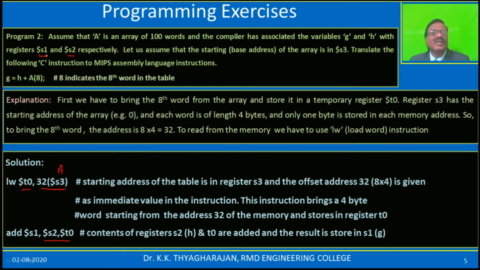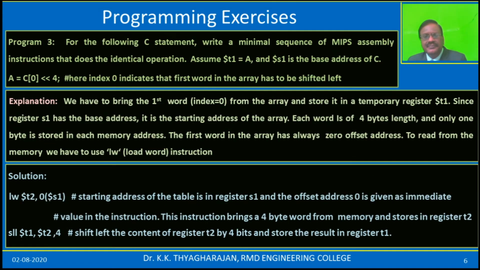It is specified in the problem. So add $S1 comma $S2 comma $T0. Using this instruction, you are adding that H value with the array value, and you are storing the result in S1. S1 is nothing but G.